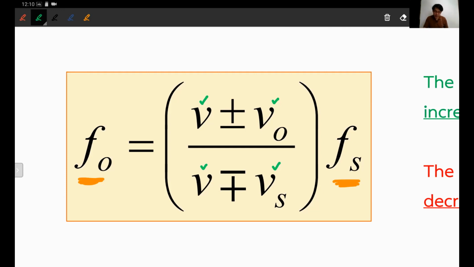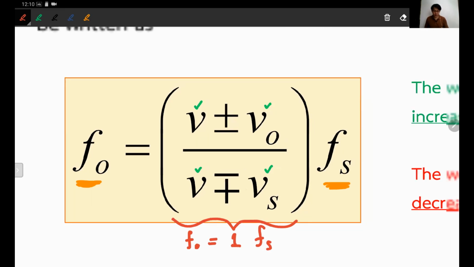So you can see from this formula, whatever you get out of here is only going to be a number, because the numerator is velocity and the denominator is velocity. So this is a dimensionless quantity, just a number. So if the number is 1, what does it mean? It means whatever the frequency of the source is, that is the frequency that you're going to observe.